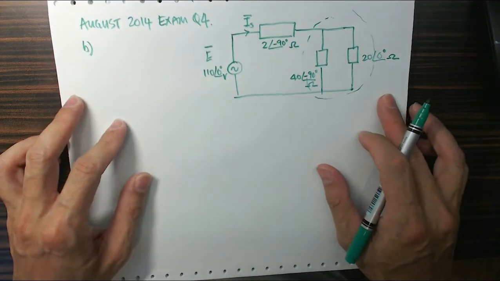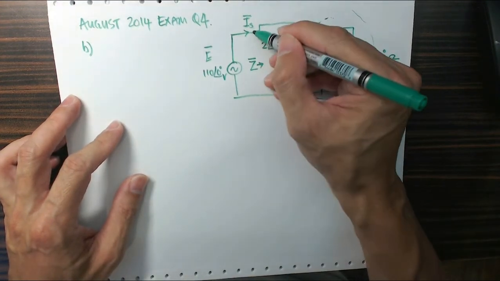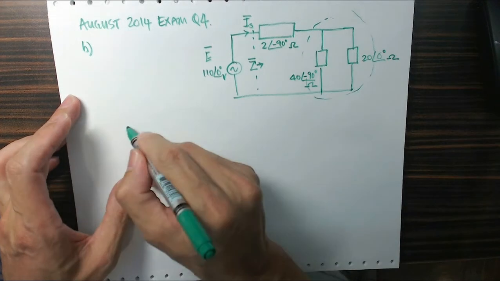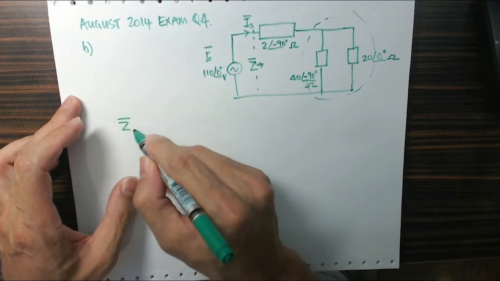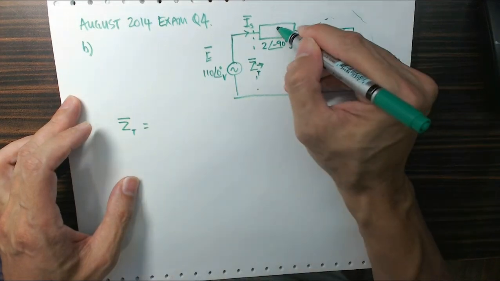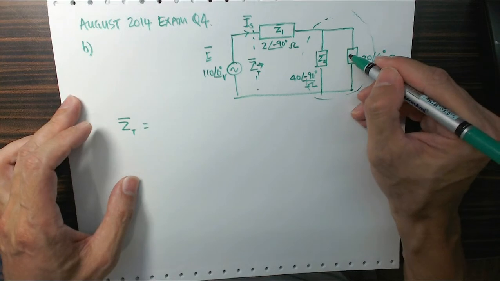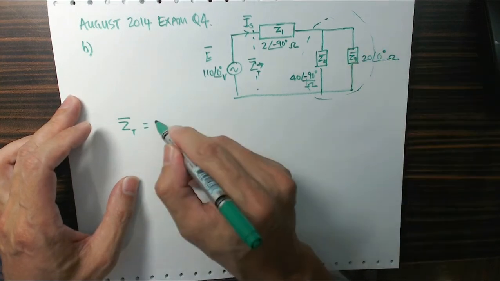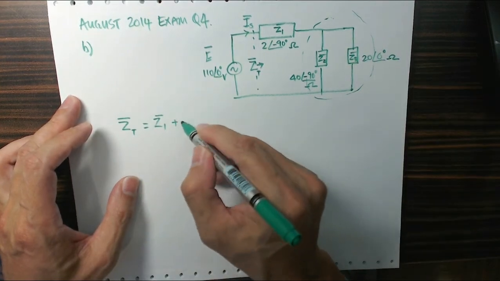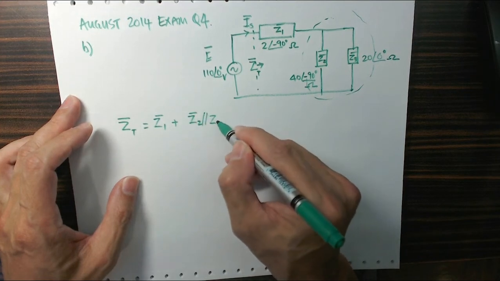The total impedance here, looking into this whole circuit, is given as total impedance ZT equals impedance 1, Z1, plus the parallel value of these two impedances.